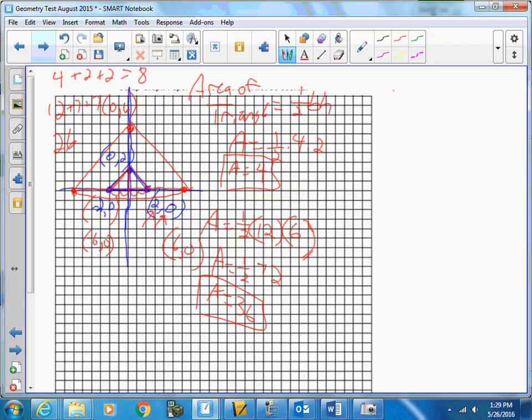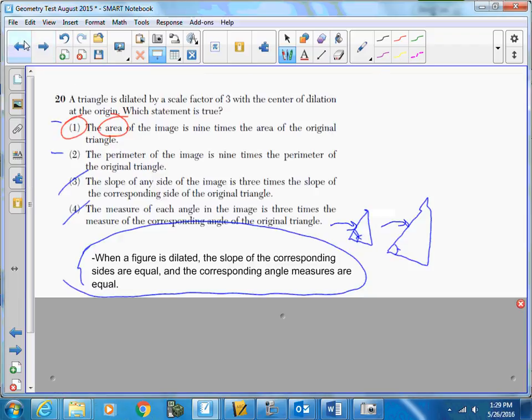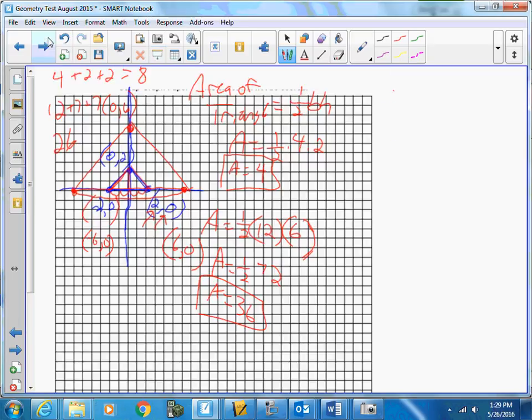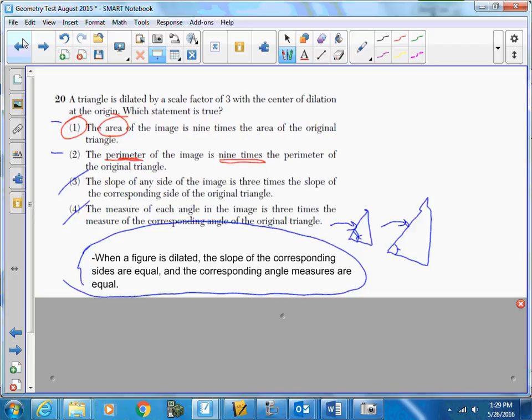So these are approximate numbers, but it's nowhere close to what they're saying in the problem. Is the perimeter of the image 9 times the perimeter? I mean, let's look. 9 times. If the original were 8, 9 times would be 72. All right, the perimeter of the image is nowhere near that. So that tells us right there that number 2 is not an option.